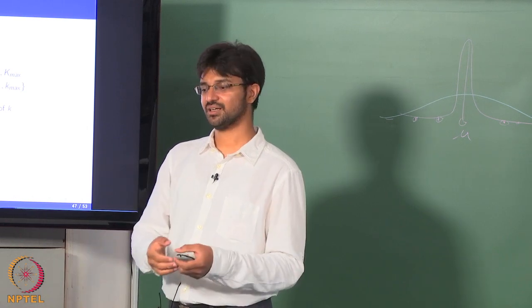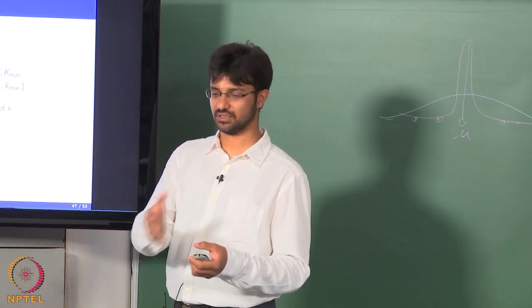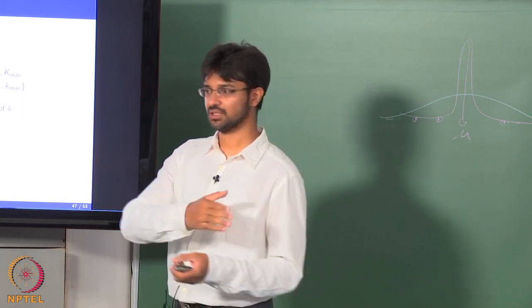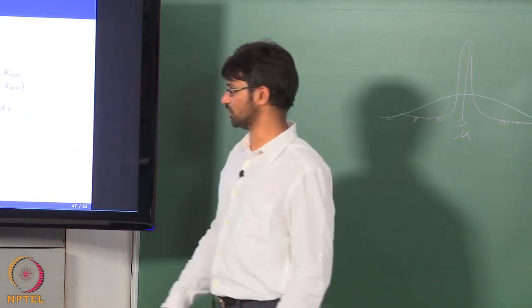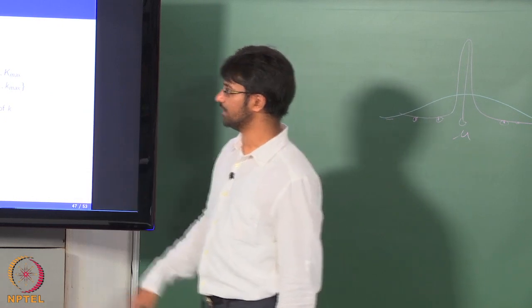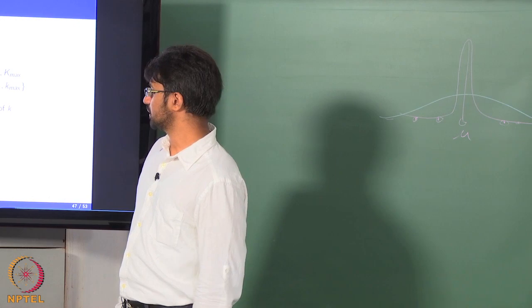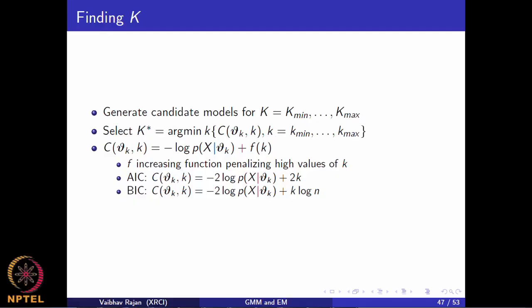You look at the data and assume that there can't be fewer than 3 components here, there can't be more than 12 components here. So let us run EM for all these different values of k, and you choose that k which minimizes some criterion.